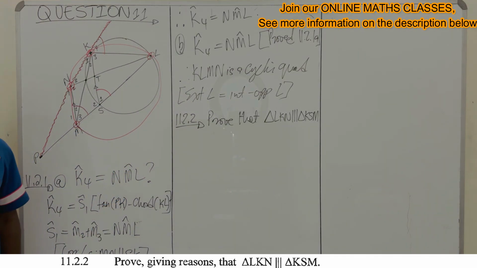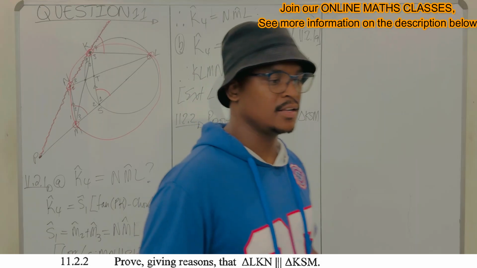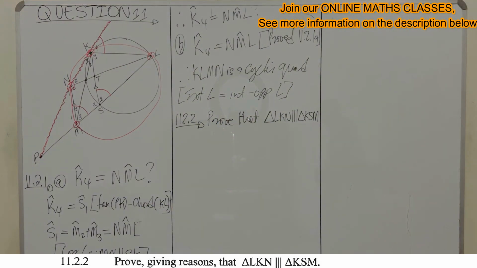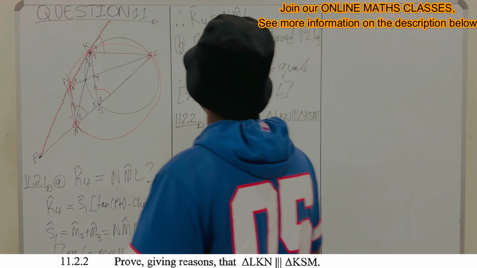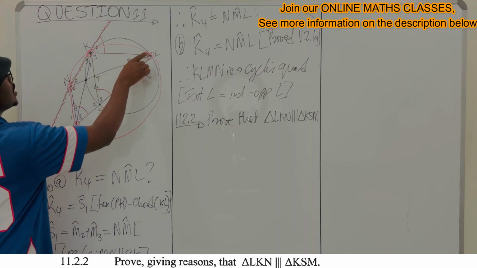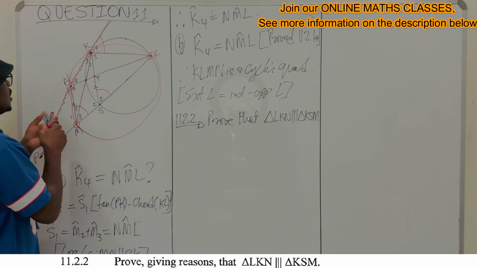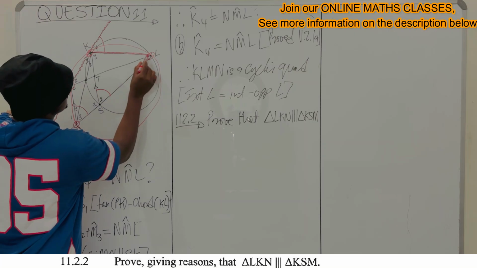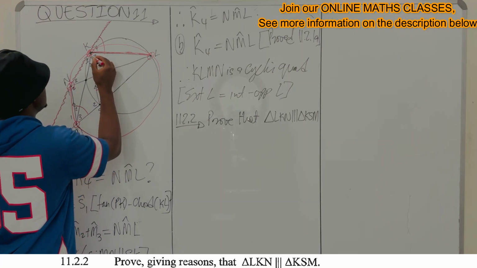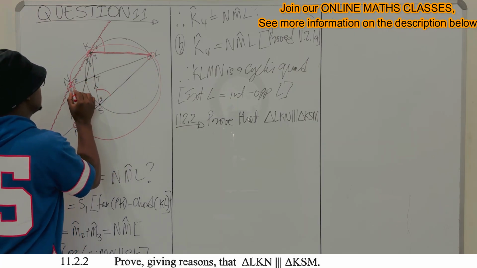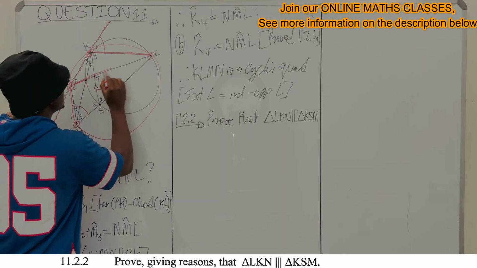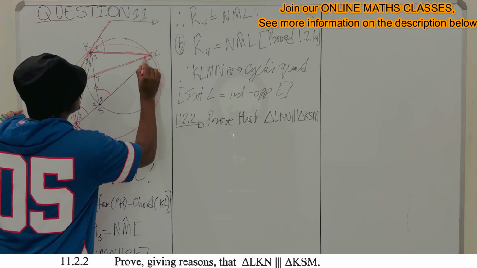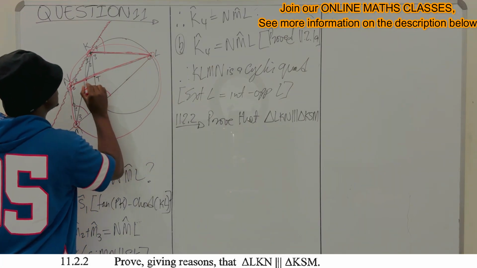So the first thing that I will do, let's identify these triangles. Triangle LKN, where is triangle LKN? It's this triangle over here, L, K and N. It's this red triangle.